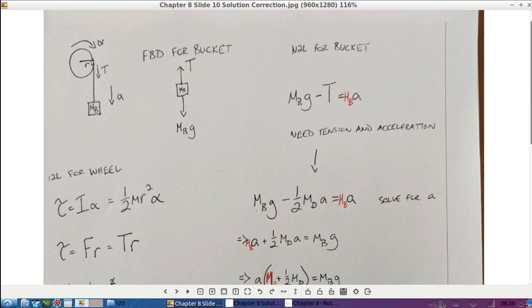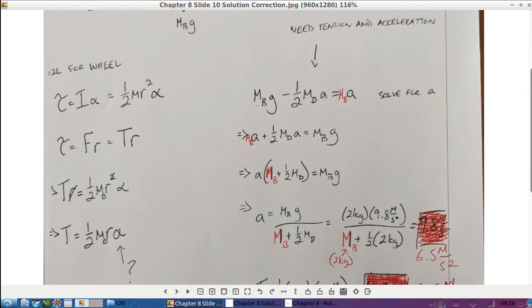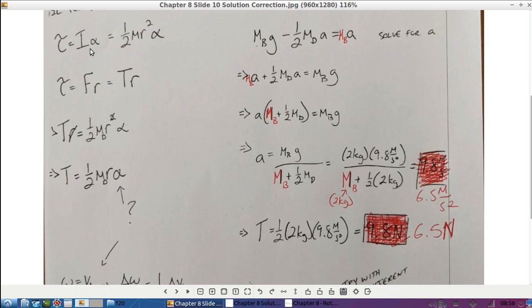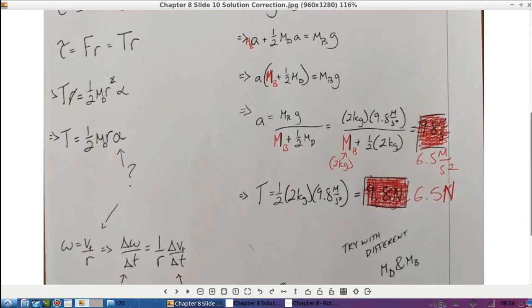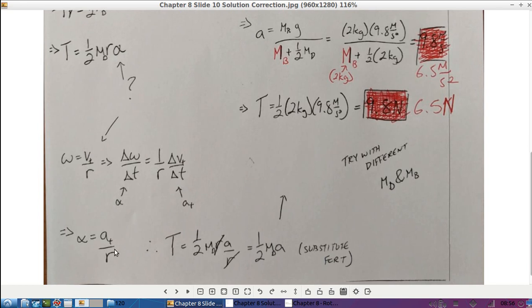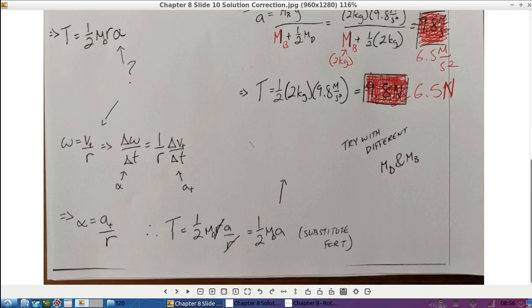Another important thing to take away from this is that the moment of inertia is not just the mass anymore, so we have to look up the moment of inertia for whatever object is rotating, and then we have to substitute our relationship between our angular acceleration and our tangential acceleration in for alpha, because what we're looking for is a system of equations. Two equations, two variables, in terms of tension and in terms of the linear acceleration.